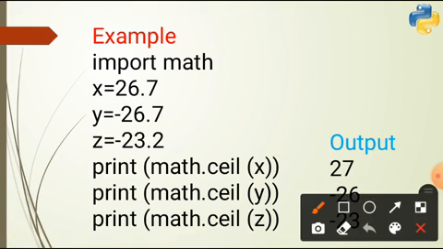Next, y equal to minus 26.7, math dot ceil y. So we have to consider the y value, which is equal to minus 26.7. It lies in between minus 26 and minus 27. Okay, which is the greatest value?